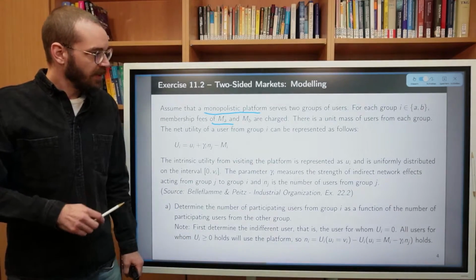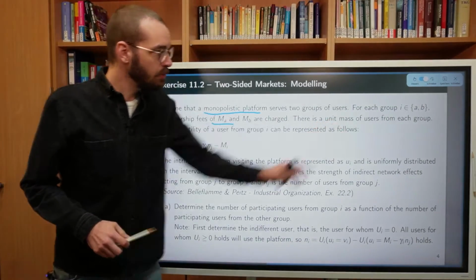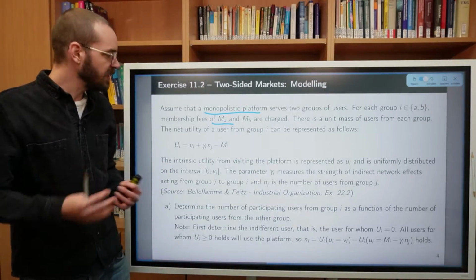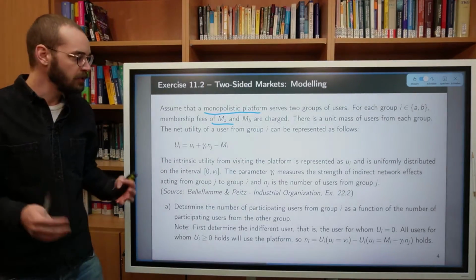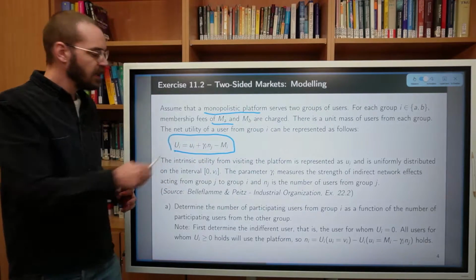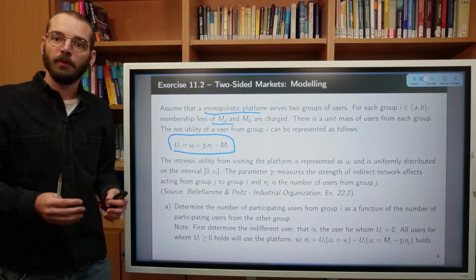We furthermore know that there is a unit mass of users from each group, and we know that the utility function of both users, which in the first place looks identical for both groups.